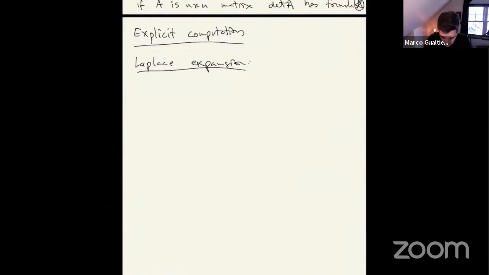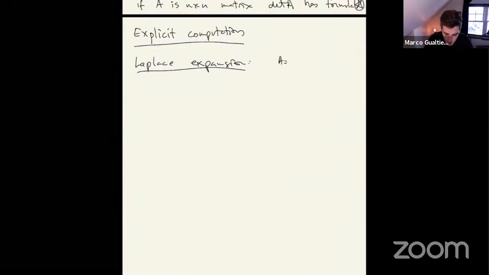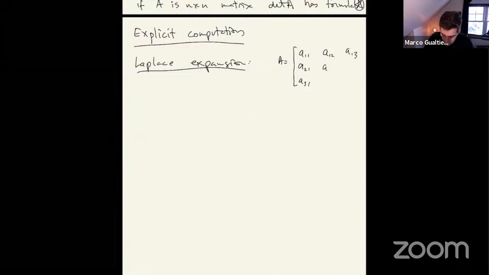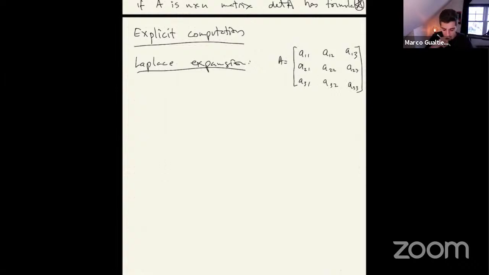Let me just take a special case to give you the idea of it. Suppose that your matrix is like this.